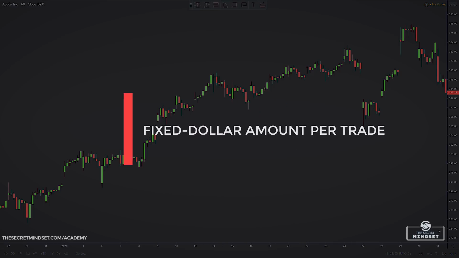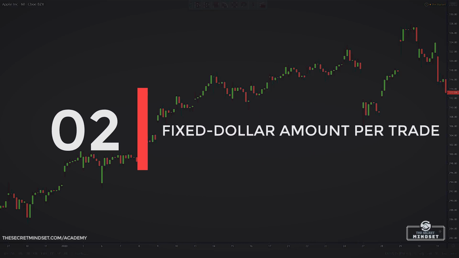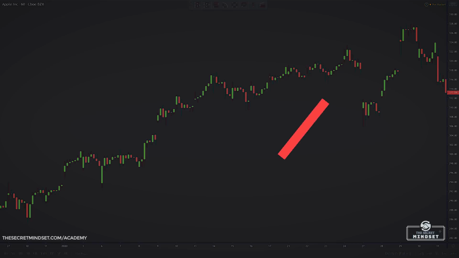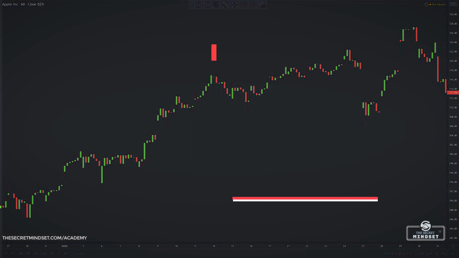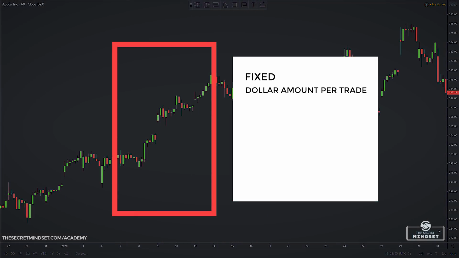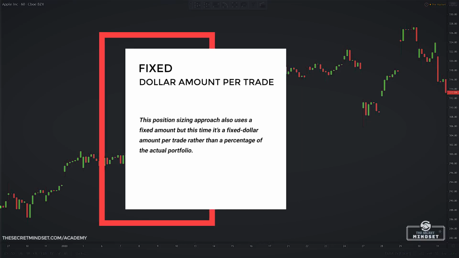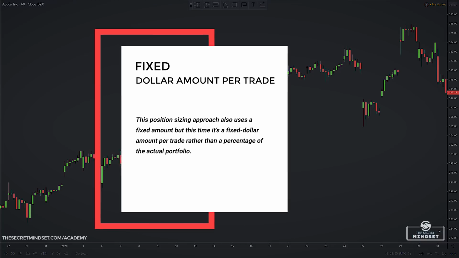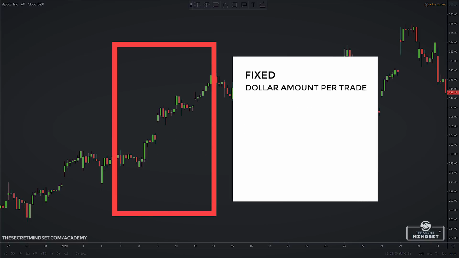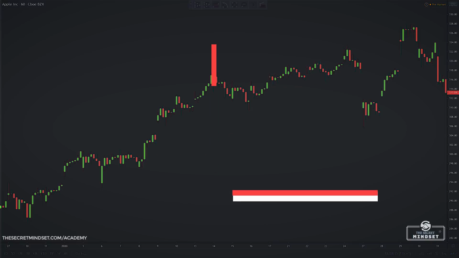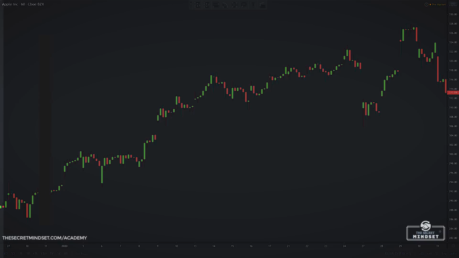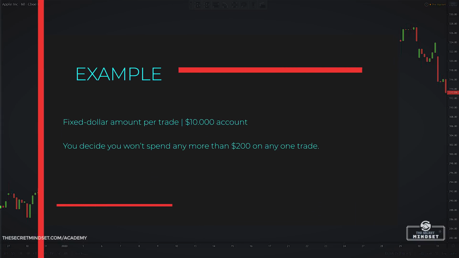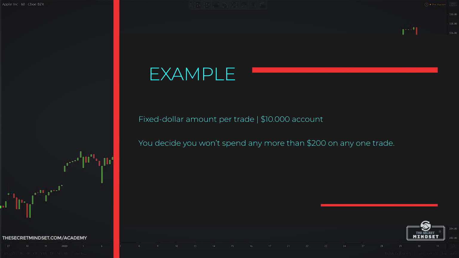The second risk management approach involves fixed dollar amount per trade. This approach also uses a fixed amount, but this time it's a fixed dollar amount per trade rather than a percentage of the actual portfolio. This involves choosing a number. Again, using the same $10,000 portfolio as an example, say you decide you won't spend any more than $200 on any trade.